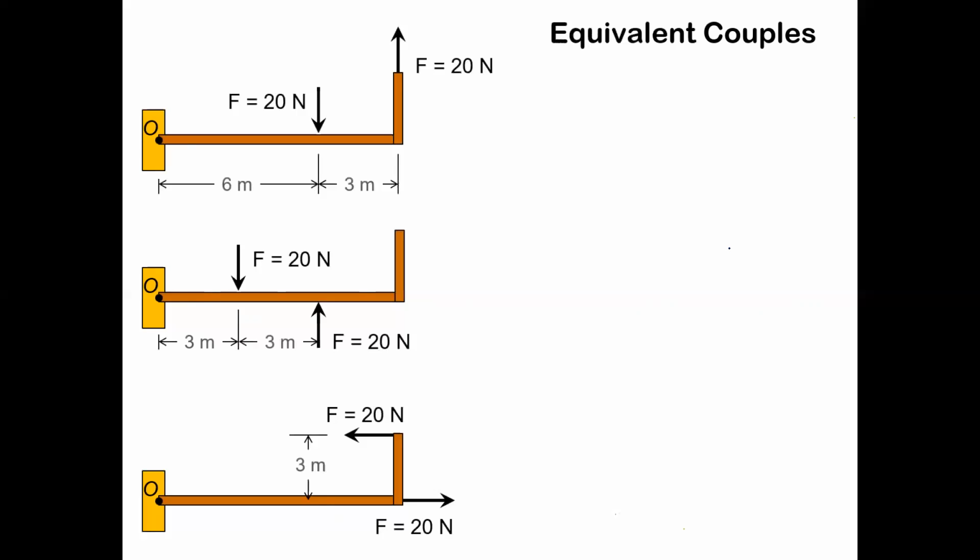Now, according to the formula for a couple, the couple for all of those should be what? F times D, right? It should be 20 times 3. It should be 60, right?